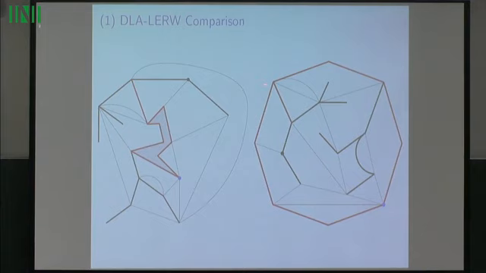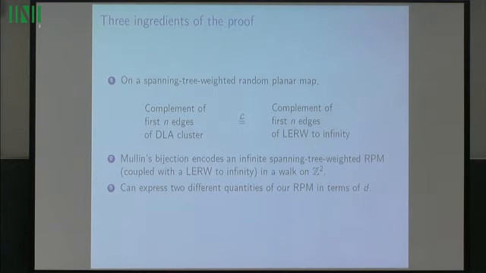And now if I just forget the black tree and the blue vertex, and I think about what the unconditioned law of that new red edge is, well, by my description of the law of that map tree pair, it's just going to be an edge chosen from those edges adjacent to the boundary from harmonic measure as viewed from the black vertex, which is exactly how I grow my DLA. And so that completes the inductive argument, showing this equality in law.